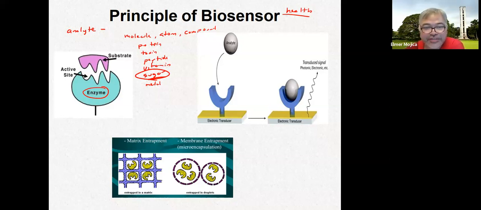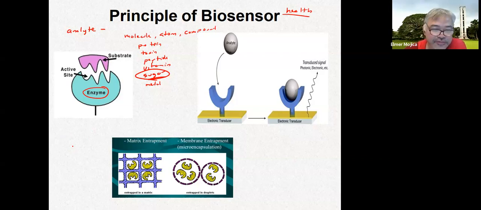Or maybe from here, the question that you have in the first one is what do you want to detect? And the second one is how do you deliver the analyte to the sensitive region? And then after that, the one that we answered, how do you specifically recognize the analyte?